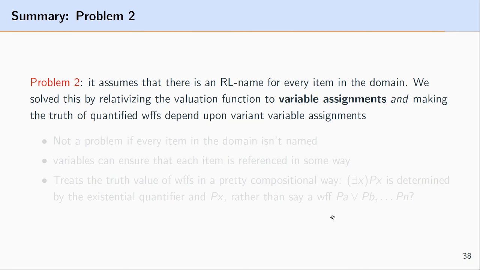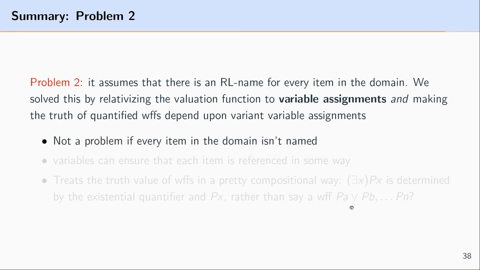We solve this problematic assumption by relativizing the valuation functions to not only variable assignments, but also employing the notion of variant variable assignments, by considering all the different ways that the variables might be assigned items. We could specify the valuation function so that it was no longer contingent upon whether or not an object was named.